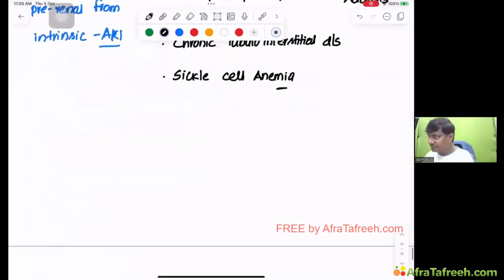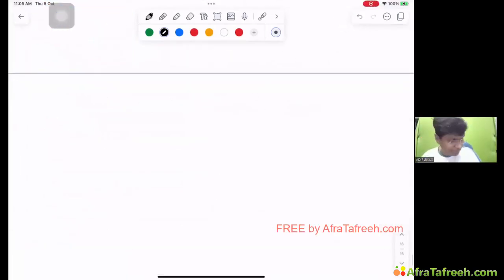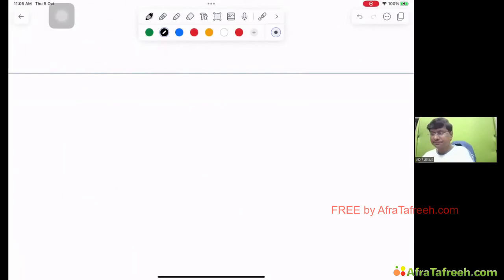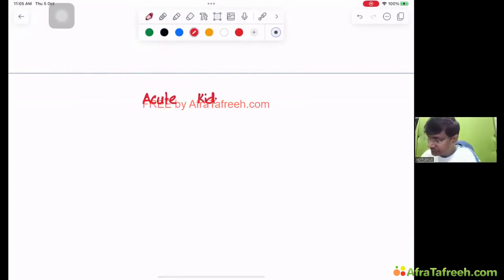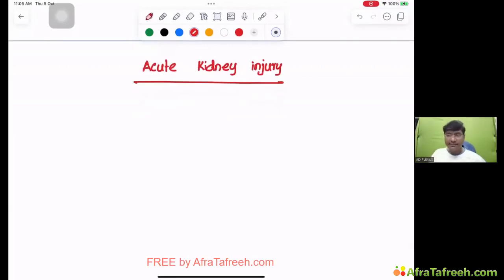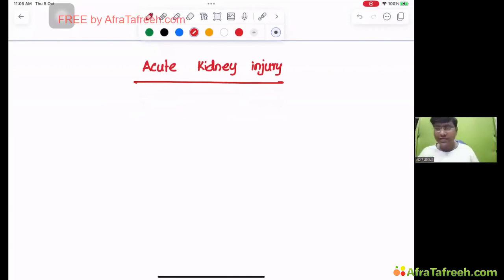So if you see acute kidney injury, there are many definitions of acute kidney injury, but it is mainly defined with an appropriate definition in the KDIGO guidelines.